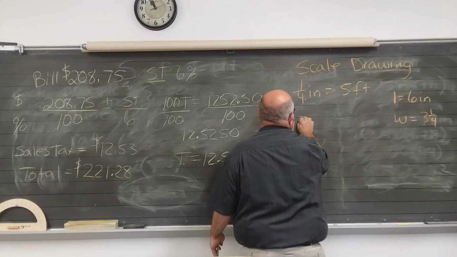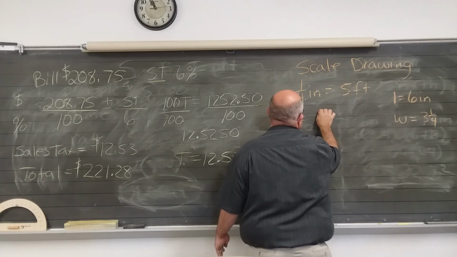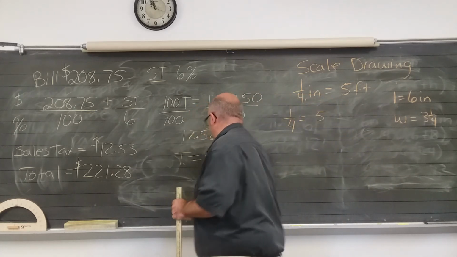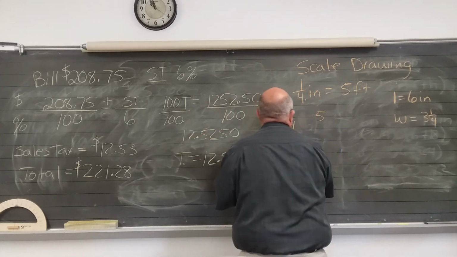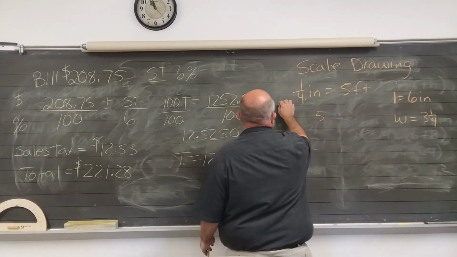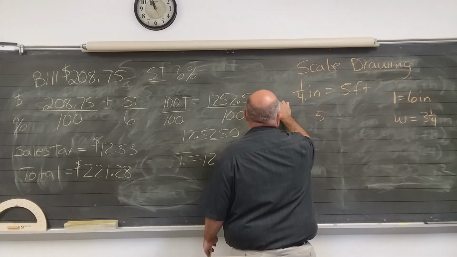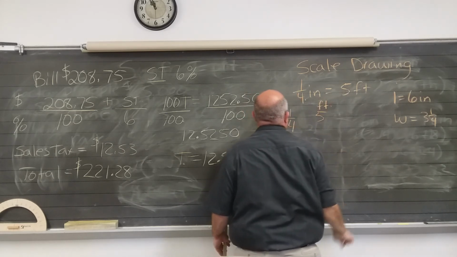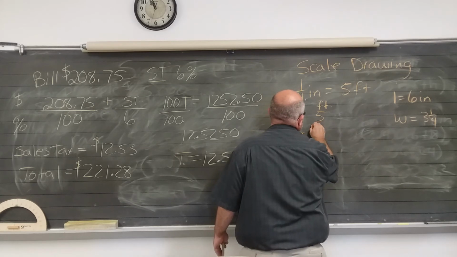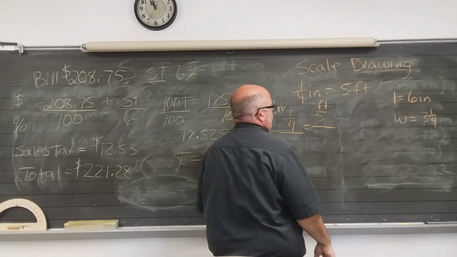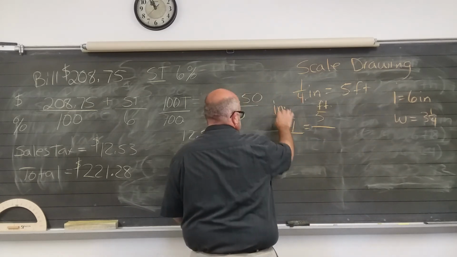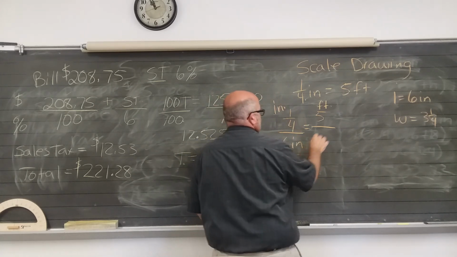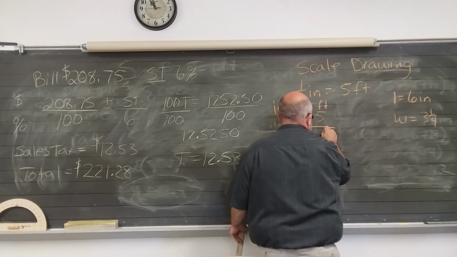1/4 equals 5, right? This is inches, and this is feet. So on your drawing you have inches, so you put inches under inches. 6 inches equals the missing number, the length.